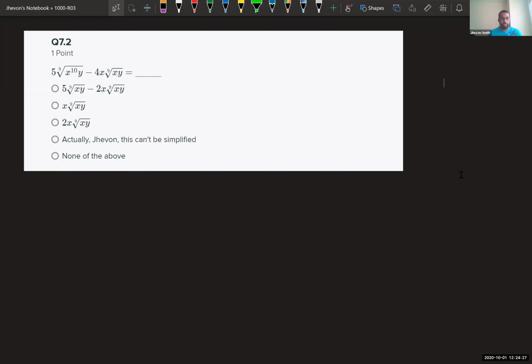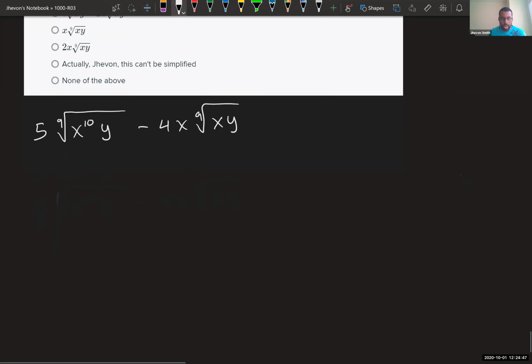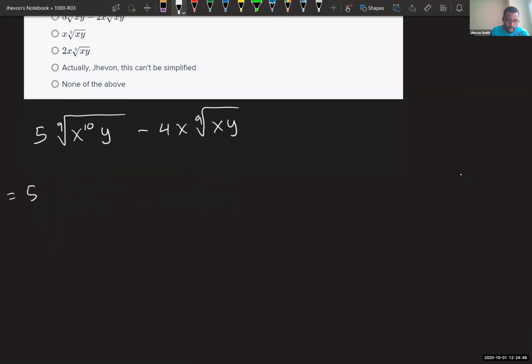And the definition of simplify is the radical, the number on the radical, will divide into the powers. So if I look at 5, the 9th root of x to the 10th y minus 4x times the 9th root of xy, what I would do is in the first set, break it up into two radicals.